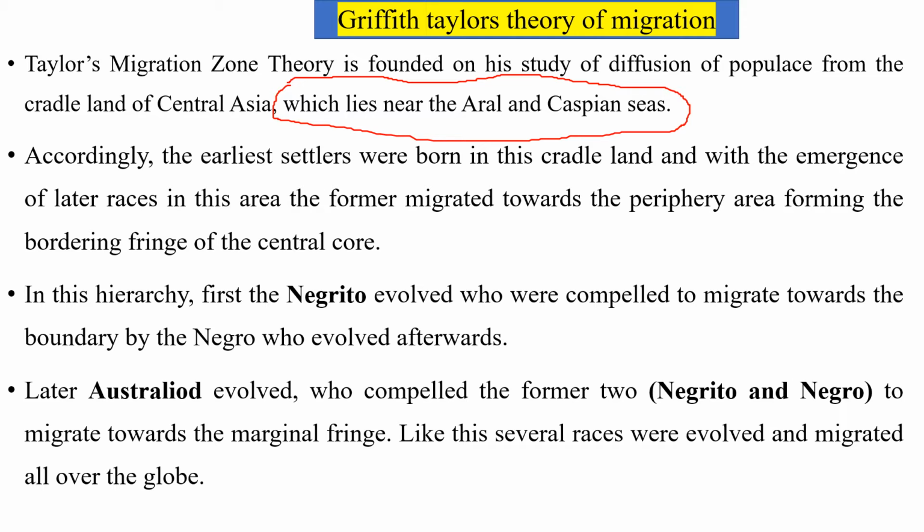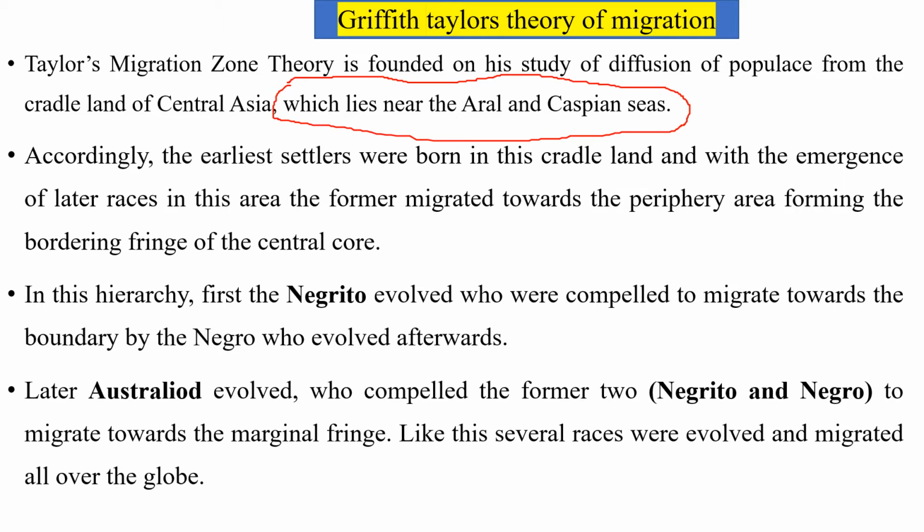Accordingly, the earliest settlers were born in the cradle land. Cradle land means the area surrounded by the Caspian Sea. With the emergence of later races in this area, the former migrated towards the periphery, forming the bordering fringe of the central core.